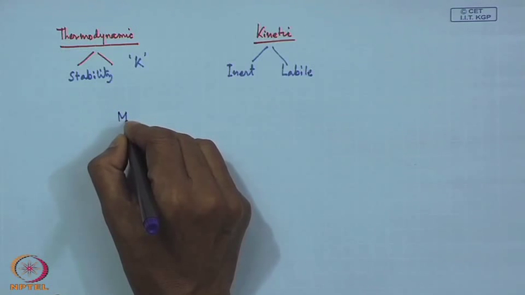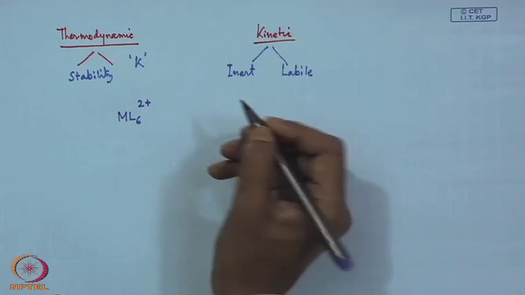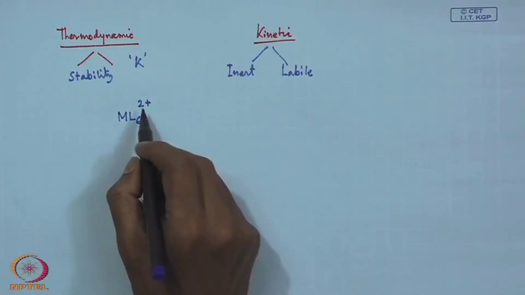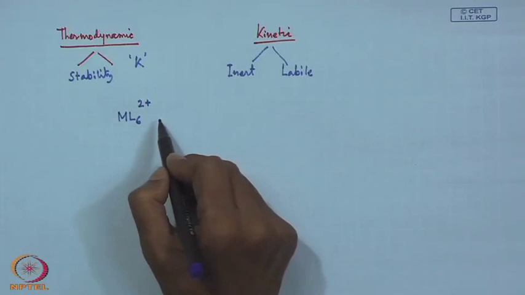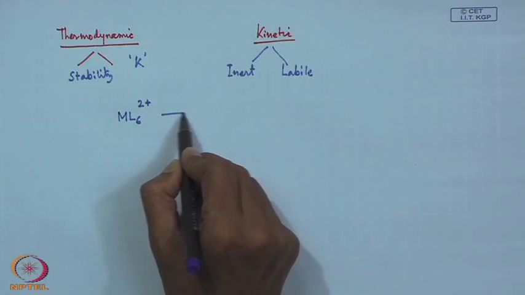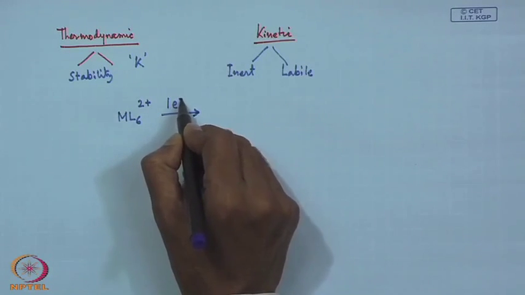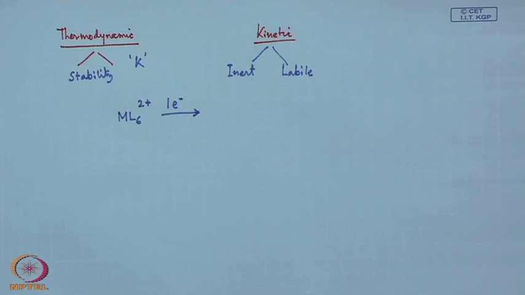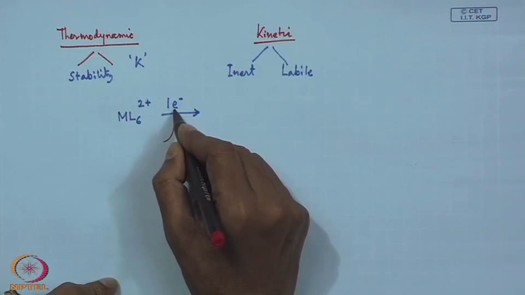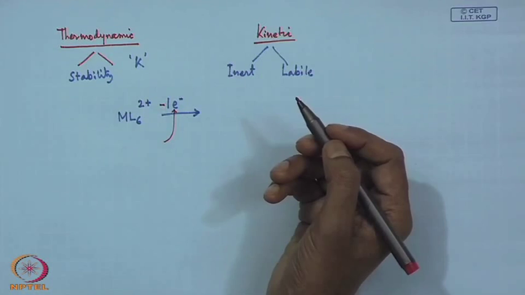So, if we have ML6 which is 2 plus, apart from ligand substitution, dissociation or addition reactions, if it goes for one electron loss, then some other species should be available which can take up this electron.